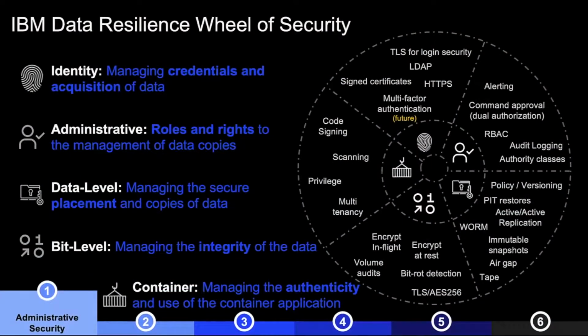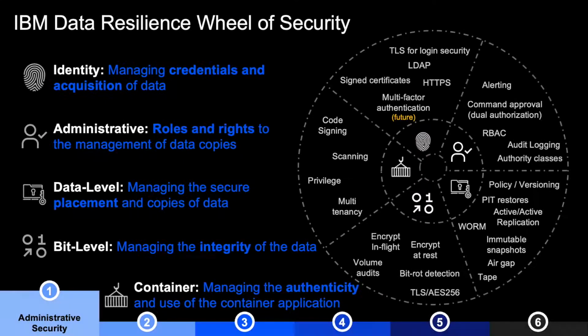The first one that we really want to dive into has to do with this data resilience wheel of security. Basically what we're trying to say here, and I'd like everybody's thoughts around what they see in the industry, is that for any device or any application, we take the security of that application, the ability to log in, things like multi-factor authentication, all the way through to something we call code signing.